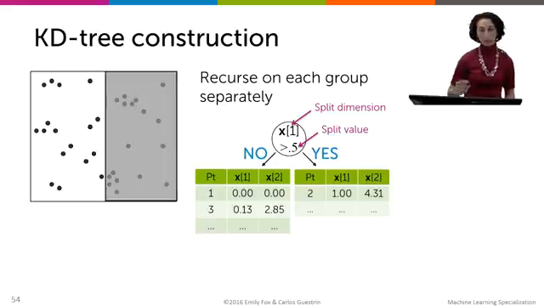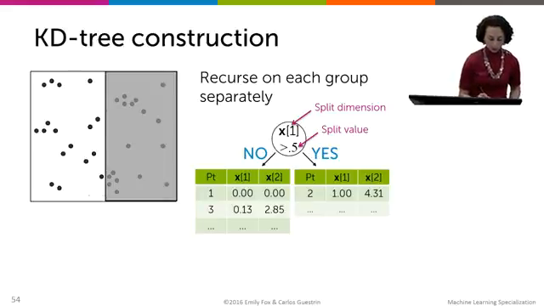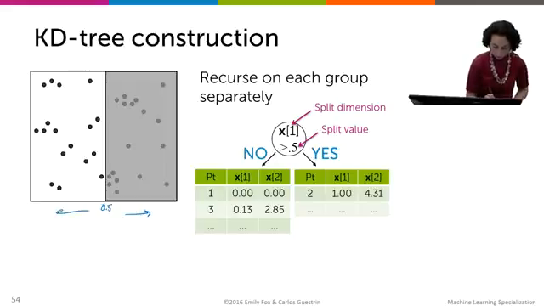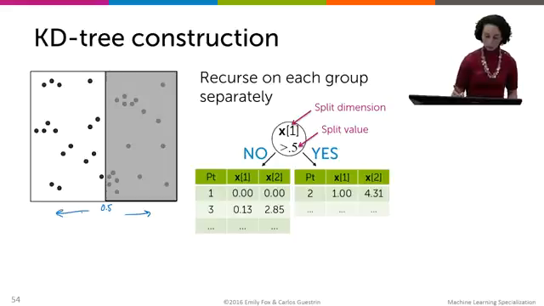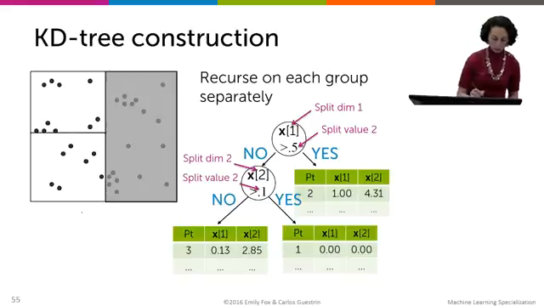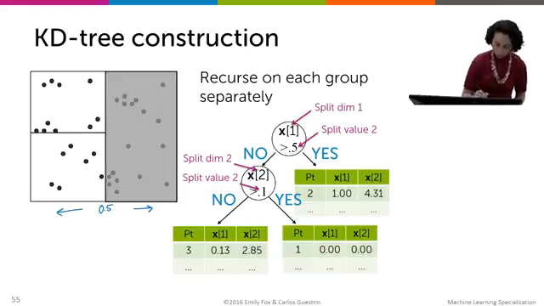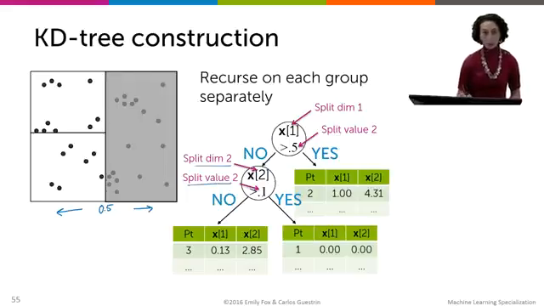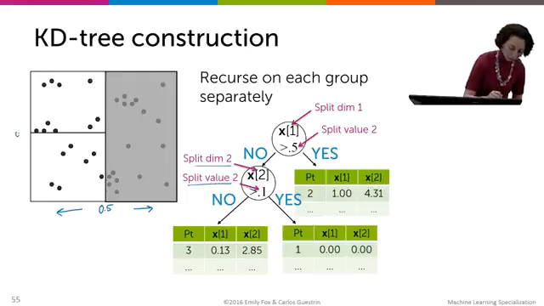Then we simply recurse on each of these different groups separately. We continue to split into two groups on each side. Remember, this was 0.5, looking at our split. Now we choose a new split, where first we choose a split dimension, in this case feature 2, and a split value, in this case 0.1.